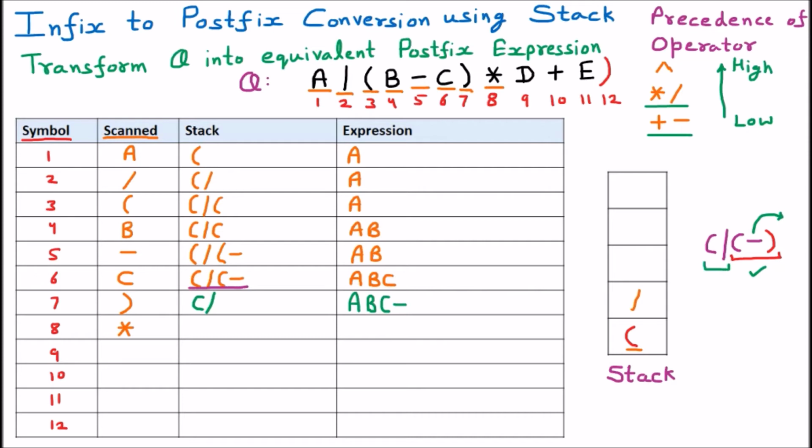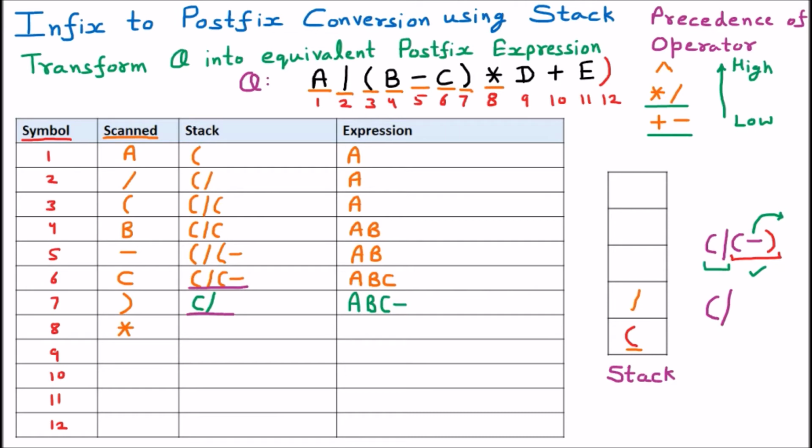Whenever already one operator is present in the stack and you are trying to put another operator, then there is a precedence that needs to be checked. To make you understand what I am saying, I am taking the stack entry outside. So this starting bracket and slash I am taking out for the rough work. So this is the starting bracket and this is the slash which is already there.